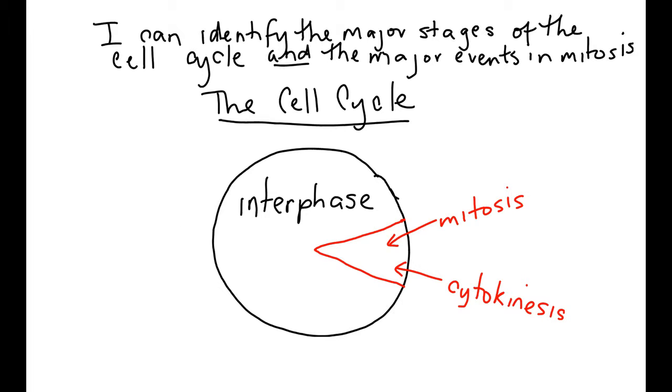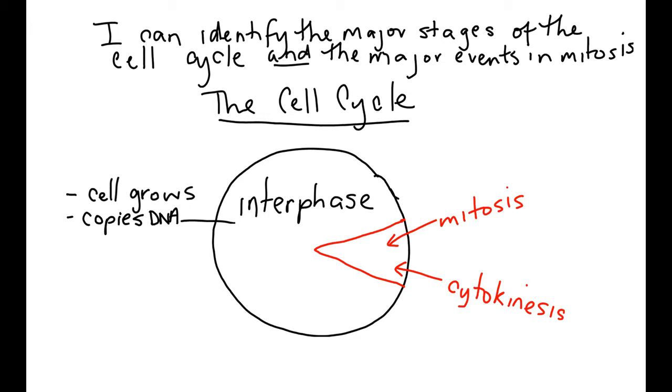During interphase, the cell grows, so it gets bigger. It copies its DNA. So it copies the material that has the blueprint for all processes.